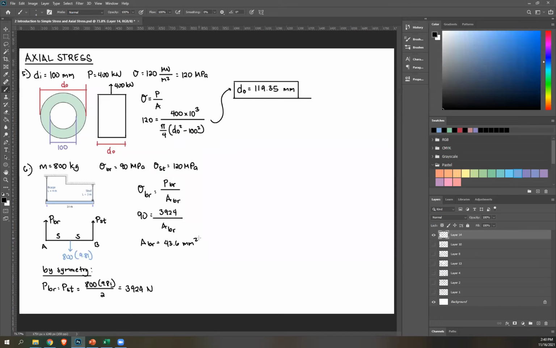Because Newton per millimeter squared, so the resulting unit is millimeter squared since it's area. And then let's do the same for steel. Sigma ST equals P_ST over area ST. Sigma ST given 120, P_ST 3924 over A_ST. Please solve what's area.